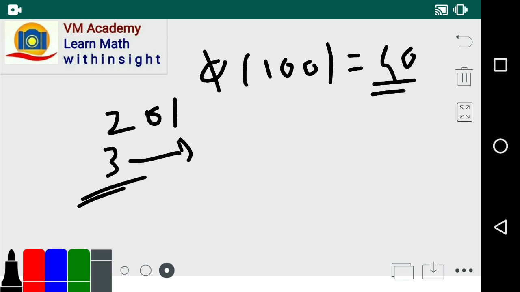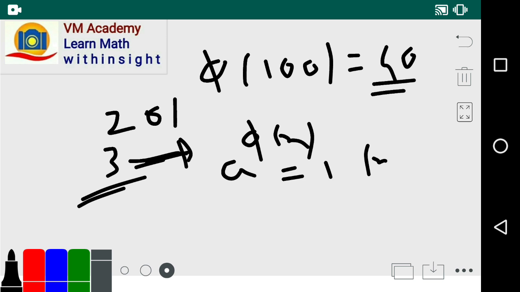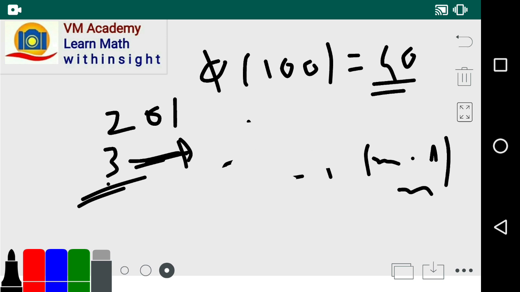Then we will use Euler-Fermat's theorem, that is a raised to phi n is equal to 1 mod n, where a is relatively prime to n, friends. So here we would like to calculate the last 2 digits of 3 raised to 201, friends.